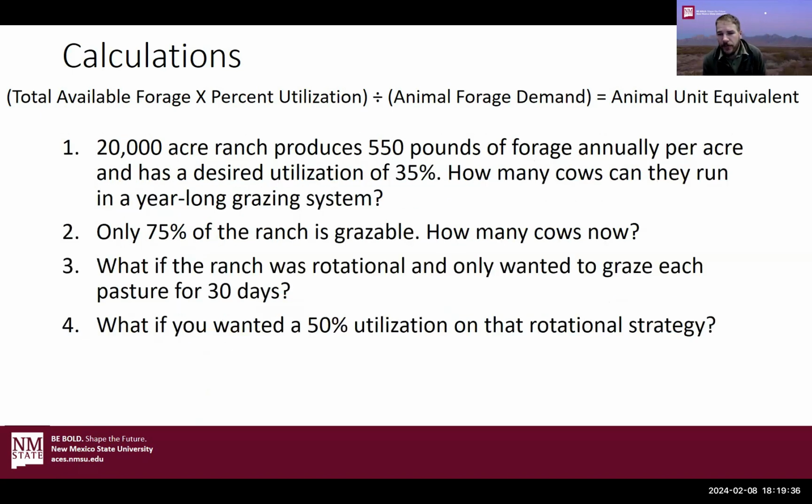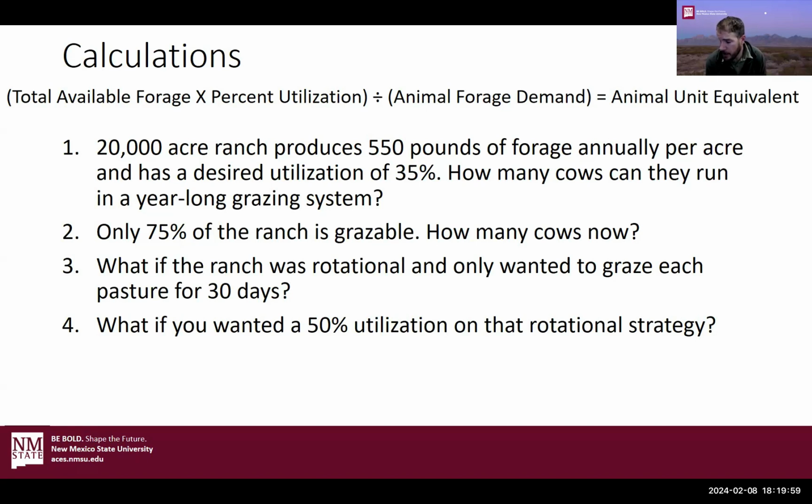All right. So the final one for tonight. Let's say you're on that rotational grazing, so you're using timing, intensity, distribution, and duration. You're going to go in early, graze for a month, and then rest it the rest of the year.